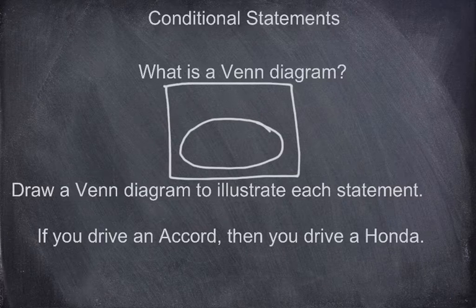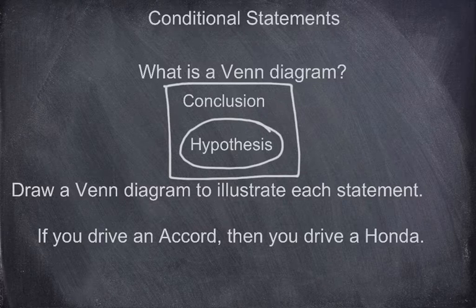Okay, so again, we put our hypothesis on the inside, and on the outside of the oval, but still inside the box, is where we put our conclusion. So the situations when it's a hypothesis will also fall under the conclusion. So that is how we set up our Venn diagram.